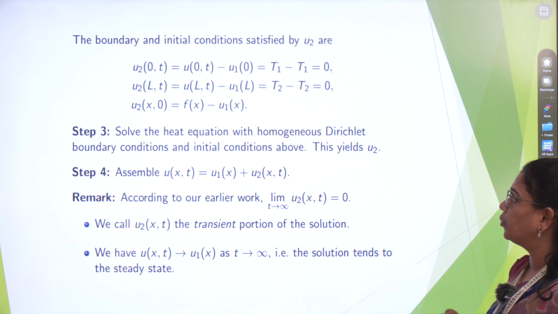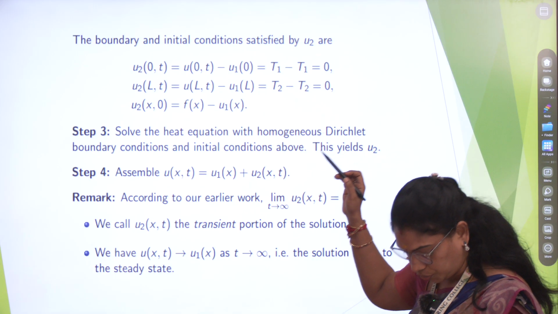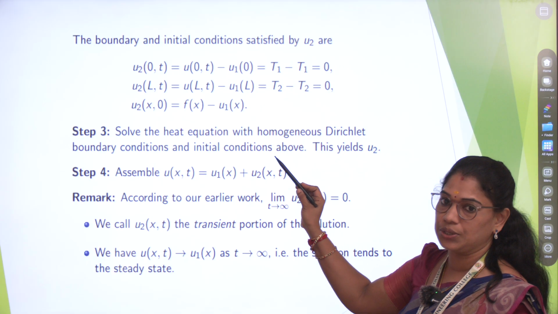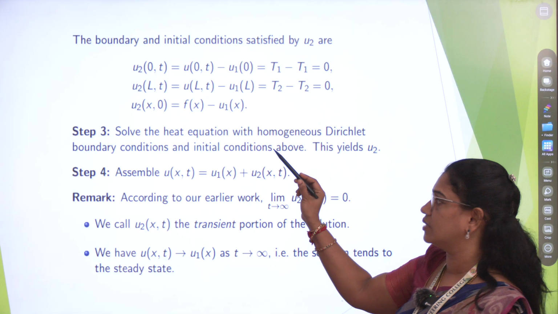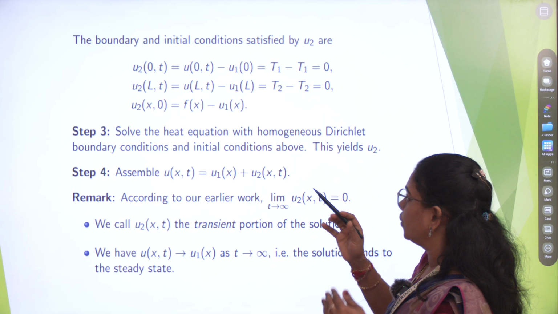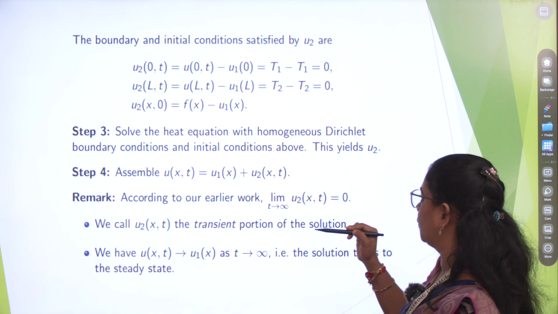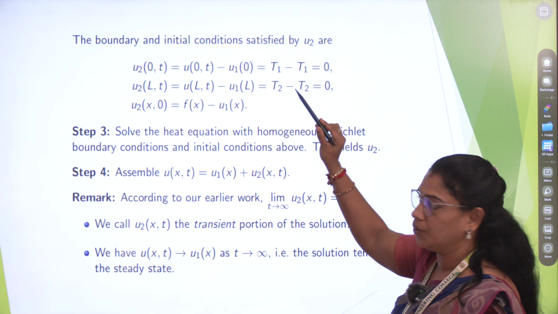Next, the boundary and initial conditions satisfied by u2 are, first, u2 of 0 comma t equal to u of 0 comma t minus u1 of 0, equal to t1 minus t1, equal to 0.